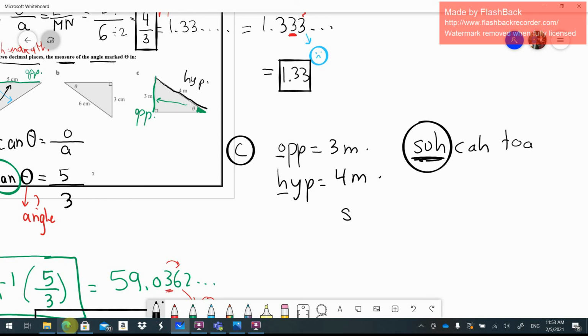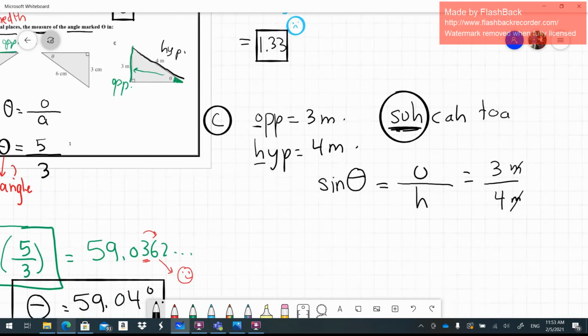So it means I'm going to use the sine. So sine of the angle theta is equal to the opposite over the hypotenuse, which is equal to 3 meters over 4 meters. These two will cancel out. Therefore, the sine of my angle is equal to 3/4.